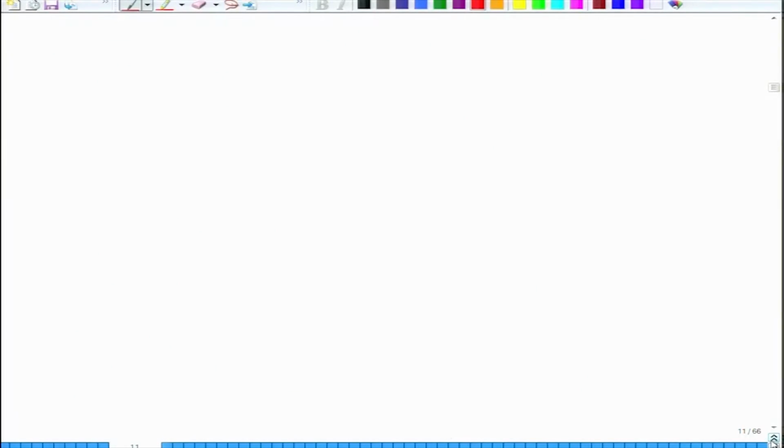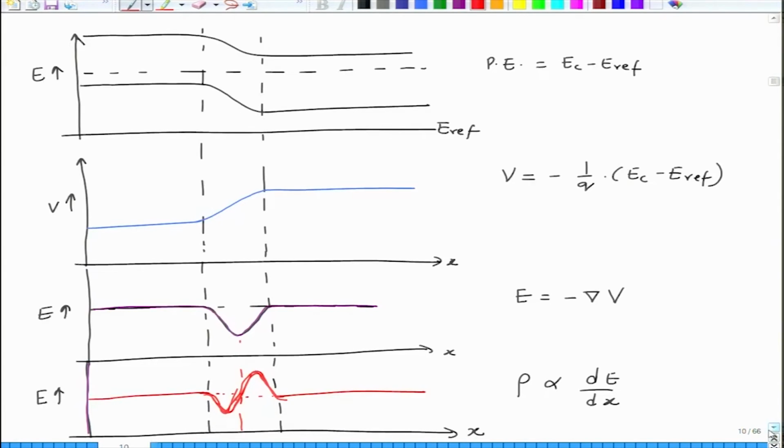Now, this is an important exercise: how to draw the energy band diagram, and from the energy band diagram how to determine the potential, the electric field, and the charge density. Sorry, this should be rho. Remember, potential energy is with respect to a reference, and for an electron it increases in the up direction, and for the hole it increases in the other direction.